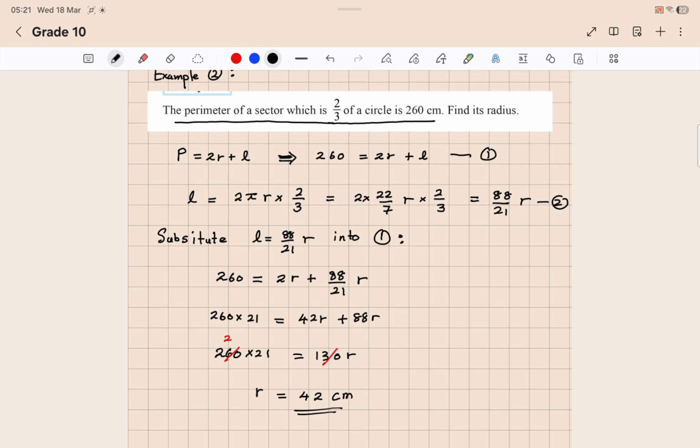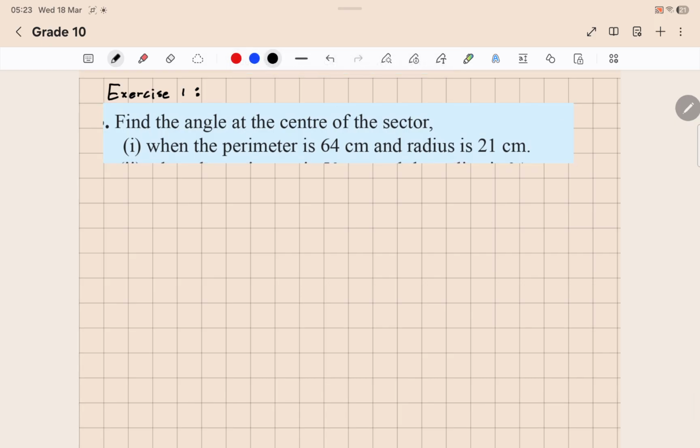Okay, let's do some more exercises from this section, right? So let's look at this one. Find the angle at the center of the sector when the perimeter is 64 centimeters and the radius is 21 centimeters. So let me draw a rough diagram. Angle at the center is what we want to find.